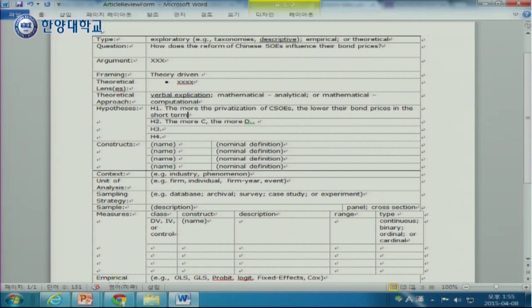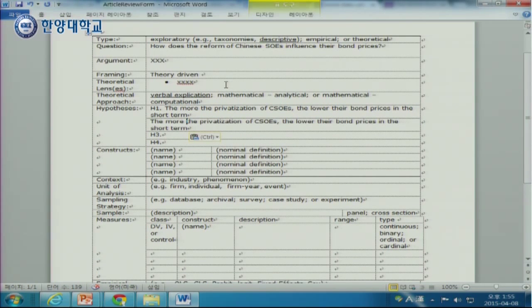Okay, so let me generate a hypothesis arbitrarily. So hypothesis 2 maybe, the more the probability, now the higher, now in the long run. Yeah, possibly, I mean, I have no idea, but I'm just generating.